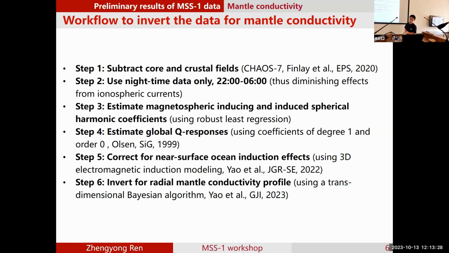Next, we correct for the near surface ocean induction effects using 3D finite element modeling. And finally, we invert the data for the radial conductivity profile using a newly developed inversion algorithm.